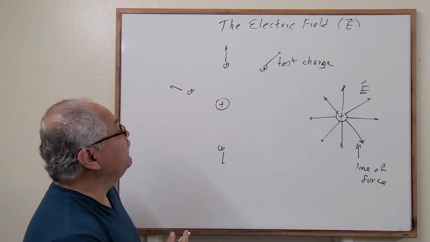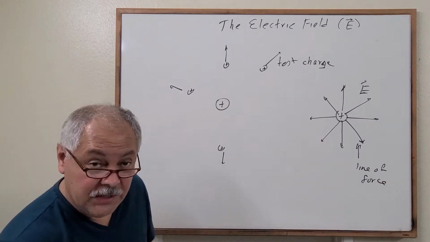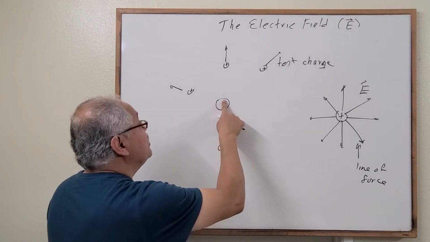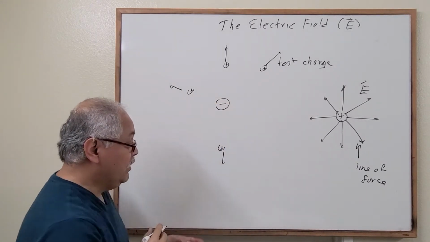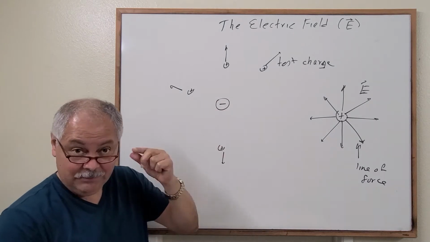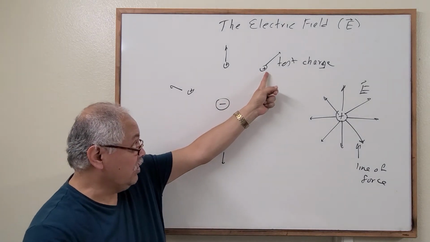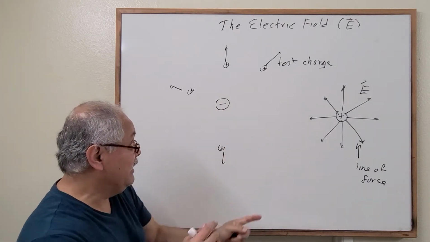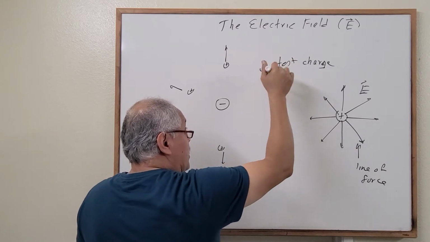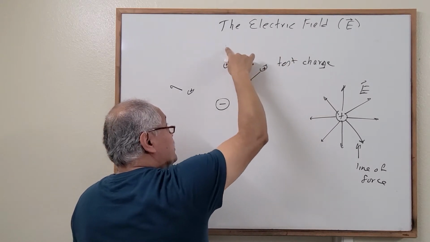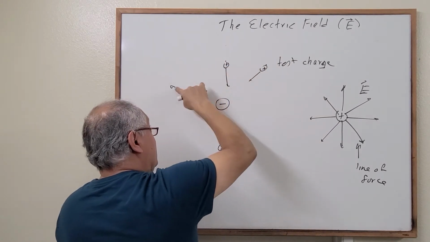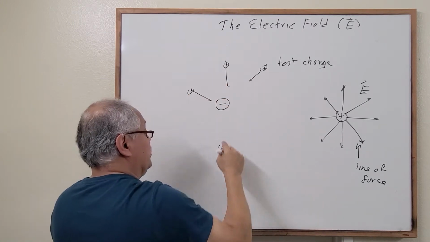Correct? Perfect. Now what happens if we change this charge to a negative charge? Well, we repeat the same steps. Again, this test charge is a positive charge, but in this case, they attract, right? So the test charge is being attracted by this charge, correct?